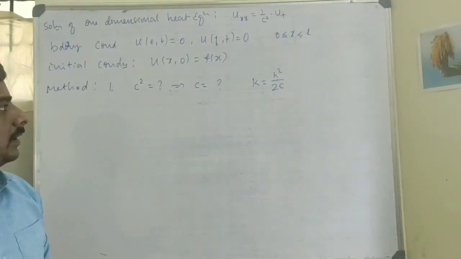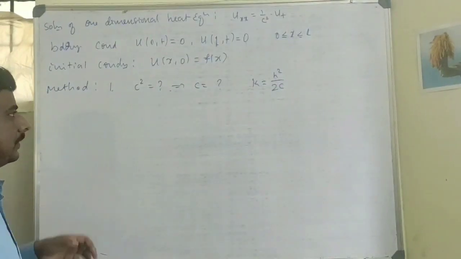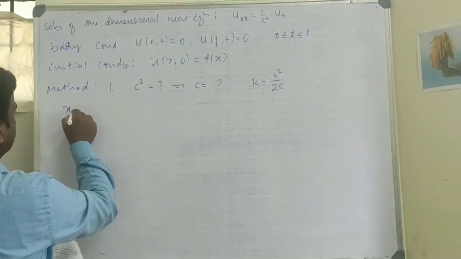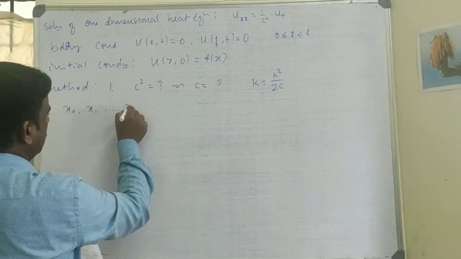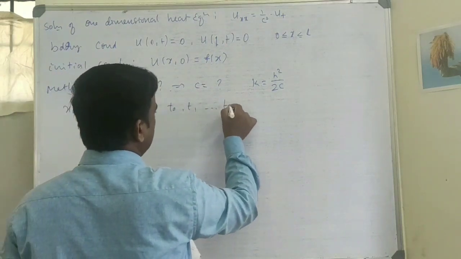That is the formula you have to use to find the value of k. Then write the point of subdivisions x0, x1 and so on xn. Similarly t0, t1 and so on.